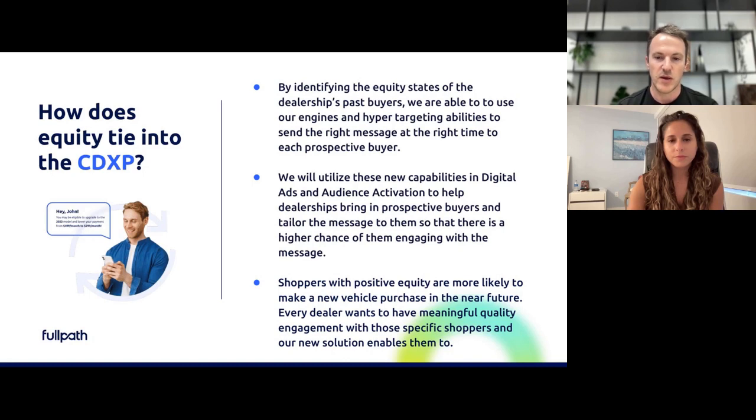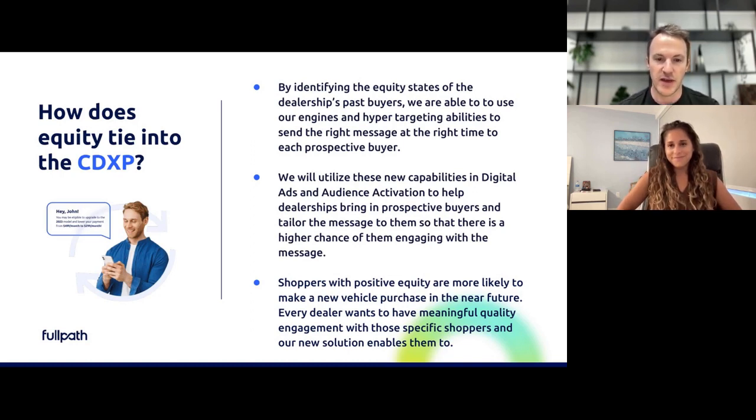And then we opened up the new equity capabilities, and we were able to understand that Bob is actually in a positive equity state with his current vehicle, which he just recently bought. When we started targeting Bob with targeted messages about his equity state, Bob suddenly came back to life.